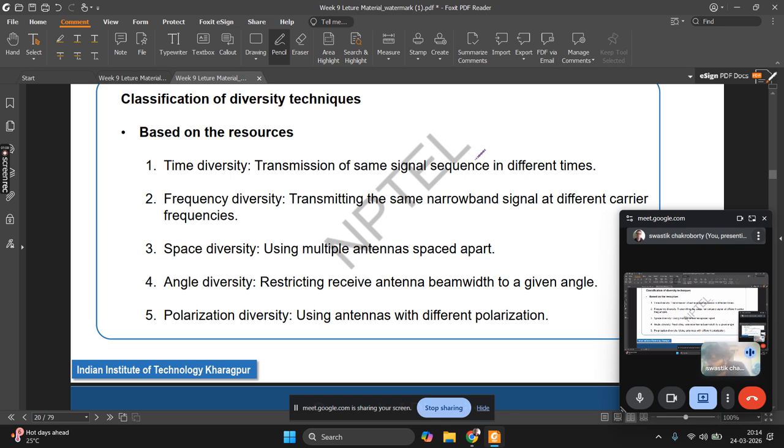Now next is frequency diversity. In frequency diversity, you are transmitting the same signal on multiple frequencies. So the carrier frequencies are changed. Similarly, angle diversity means you are sending the beams at different angles. One is going up, one is going down.